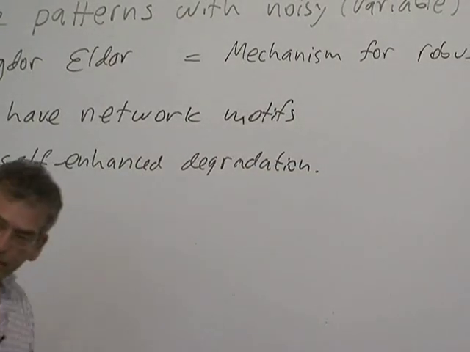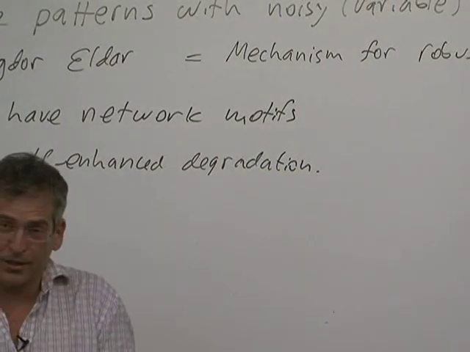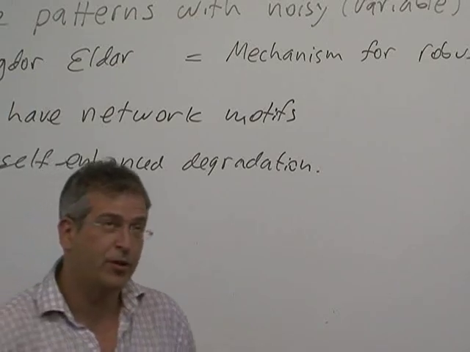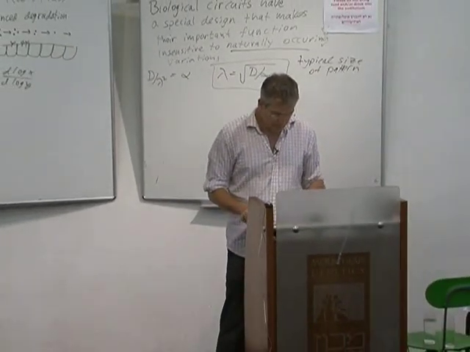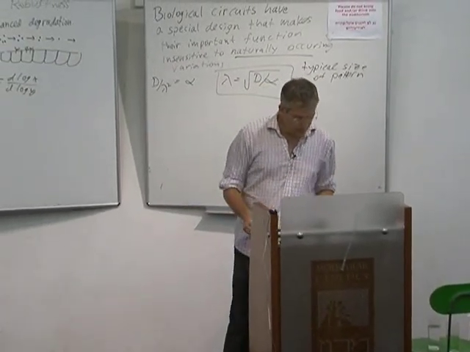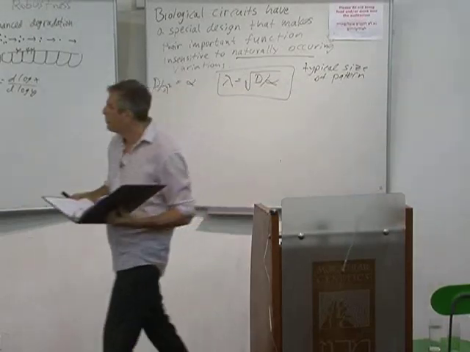This relates to the question, how do you mechanistically achieve this phenomenon where the more morphogen there is, the more quickly it's removed. And so I'll just give you two recurring motifs.